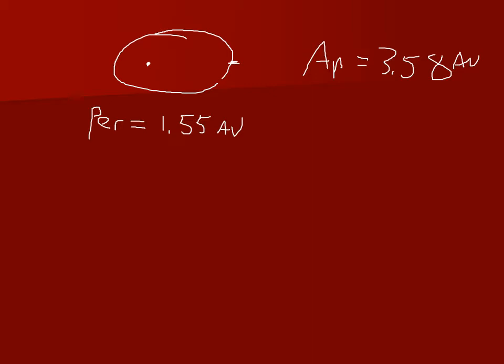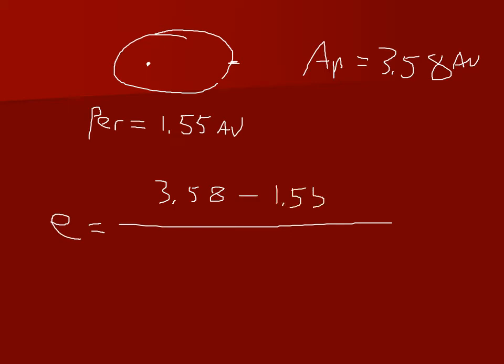I want to know a measure of how elliptical the orbit is. So the eccentricity is the big number, 3.58, minus the small number, 1.55, divided by the two put together, 3.58 plus 1.55. You can do 1.55 plus 3.58, it doesn't really matter.